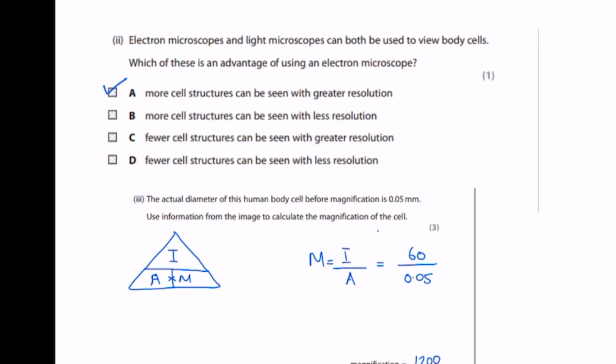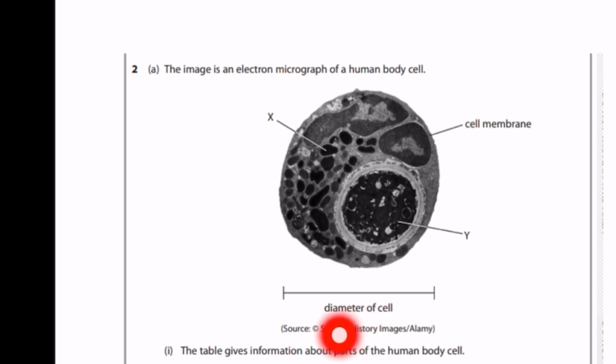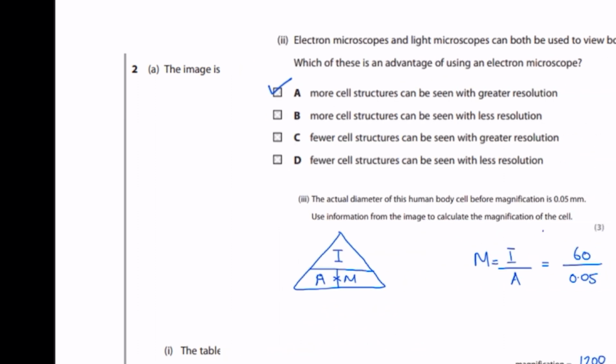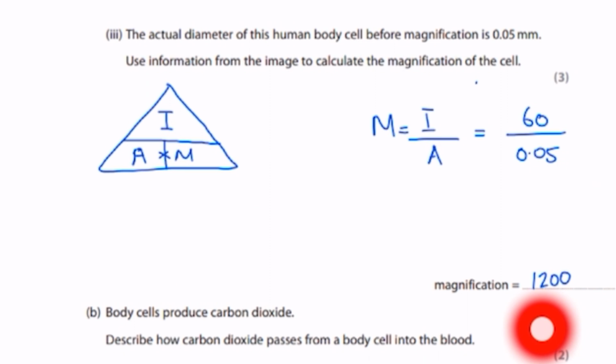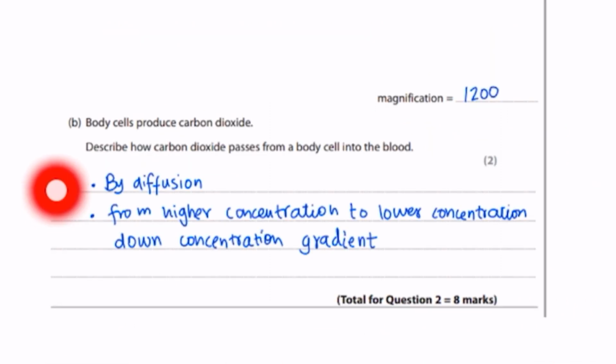Here we have to measure the given image using a ruler and it might give you 6 centimeters, so convert it into millimeters, 60 millimeters. So applying the formula, 60 divided by 0.05, which is given in the actual reading, we will get 1200 magnification.